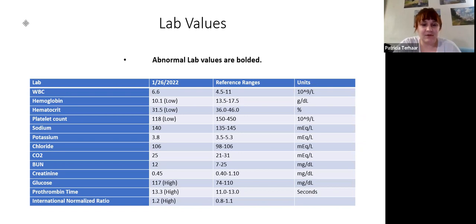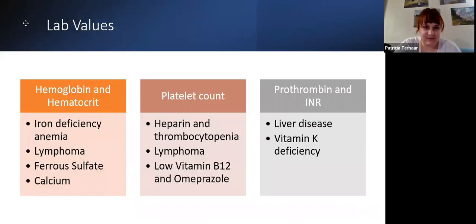This is a table of her lab values, and I'm going to go over some specific ones that were out of range. So her hemoglobin and hematocrit were very low, which can be tied to an iron deficiency anemia. It can also be tied to a lymphoma, and it's the reason why she's getting the ferrous sulfate right now.